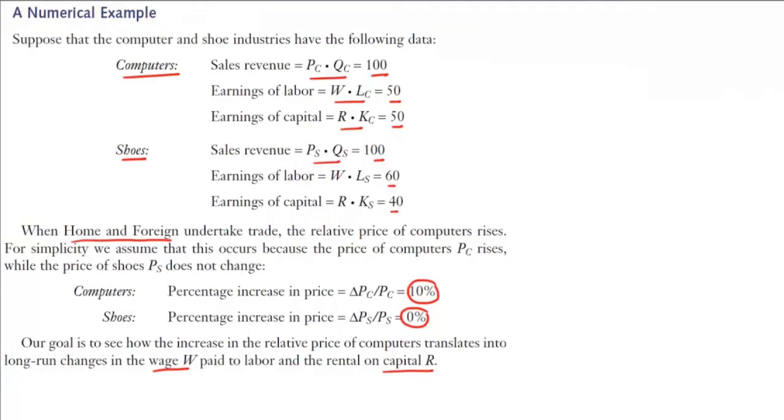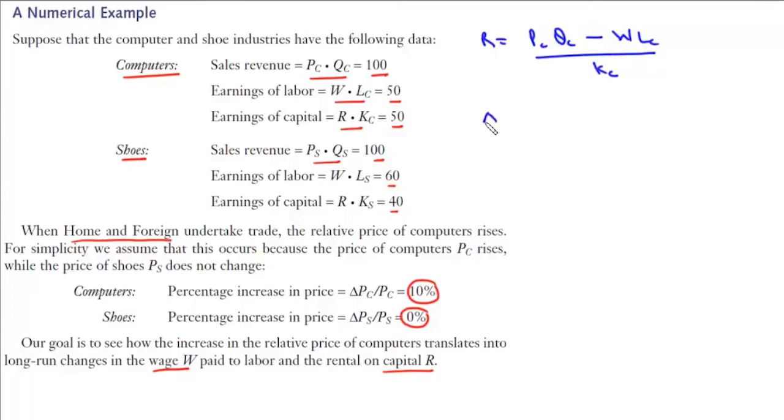Now what we'll do is find the rental on capital for both industries. This rental will be given by its revenue, which is PC into QC, minus cost, which is W into LC, divided by the amount of capital invested, which is KC. Now with a change in price, rental is going to change and wage is going to change.